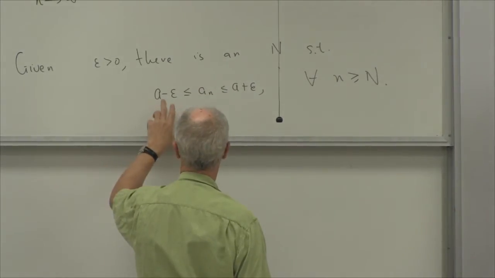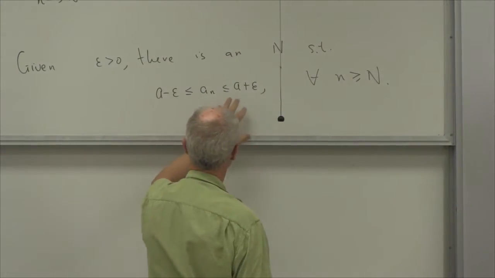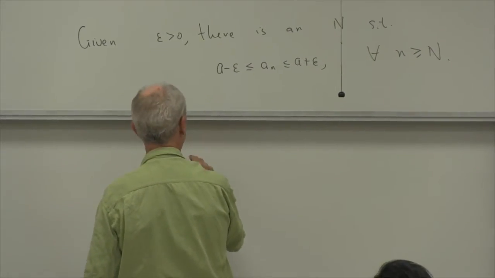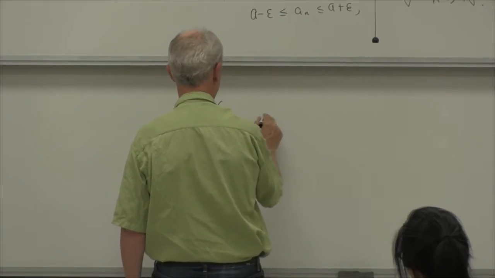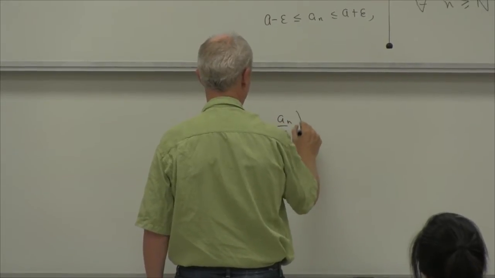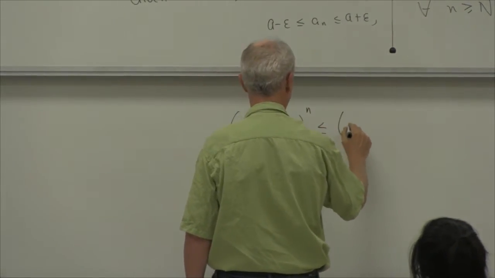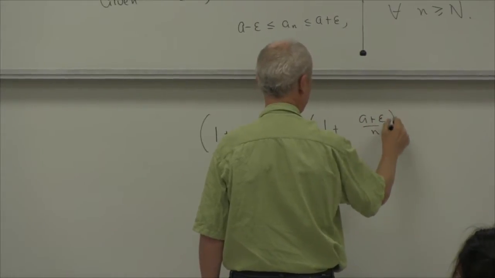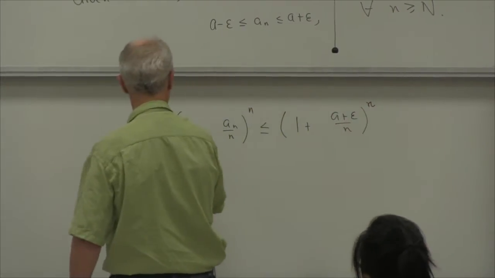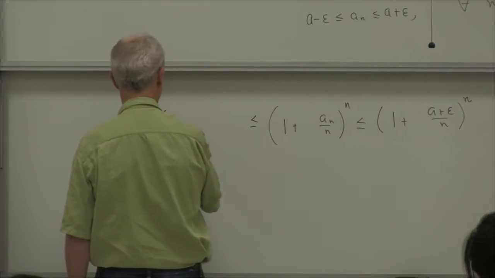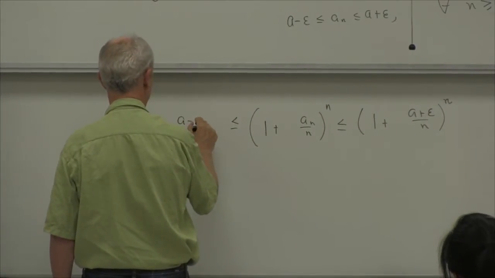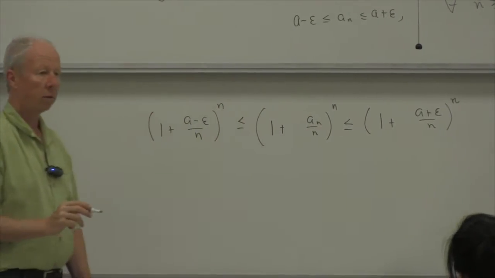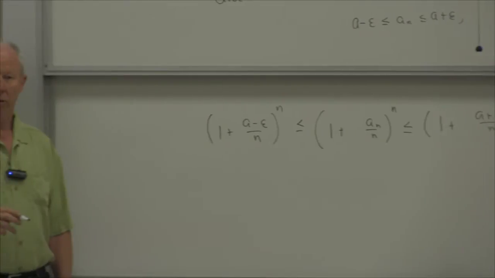So let's replace a_n on one side by a minus epsilon, on the other side by a plus epsilon. Do you agree with that?